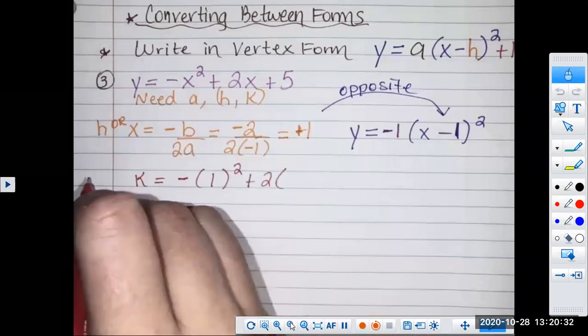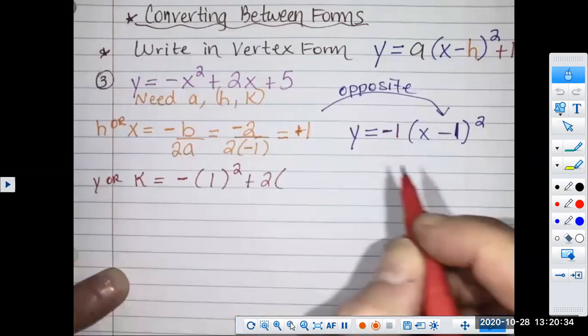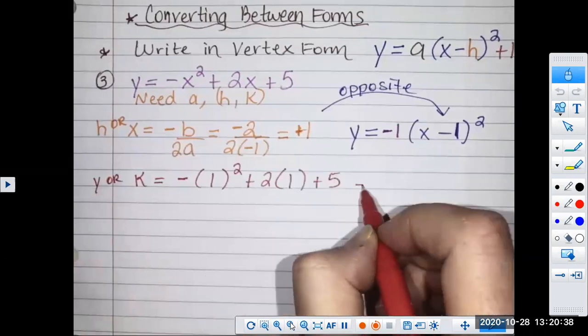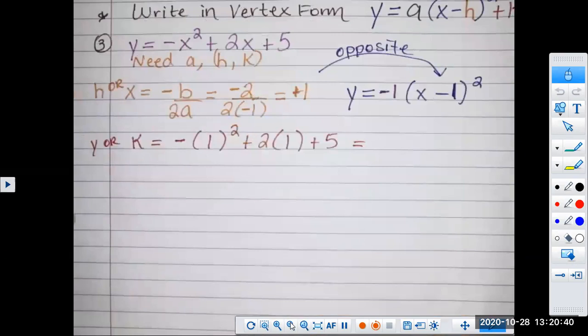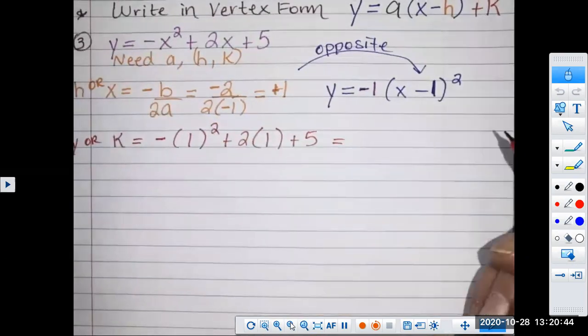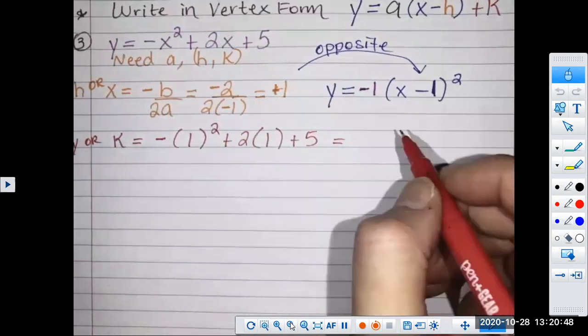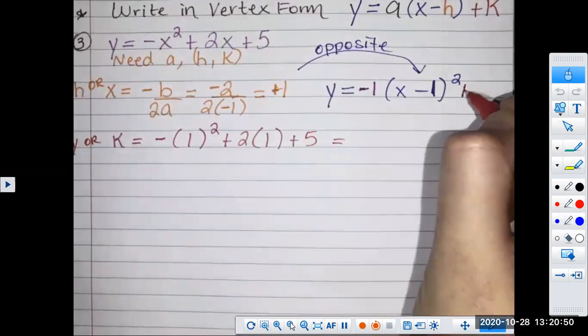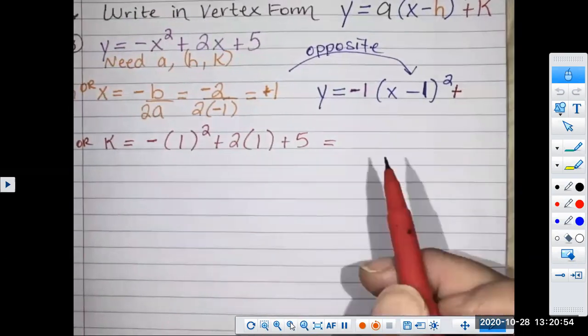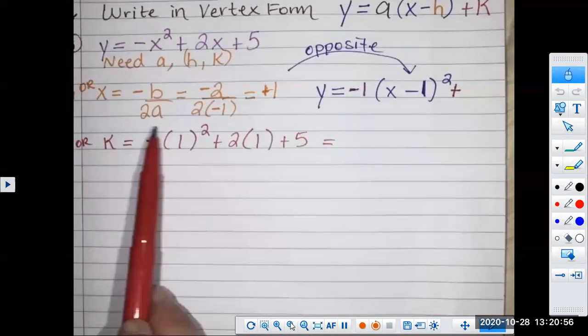Or that's also your y coordinate. What does this become? What do you get for K? Be careful here. This, good, you get 6.